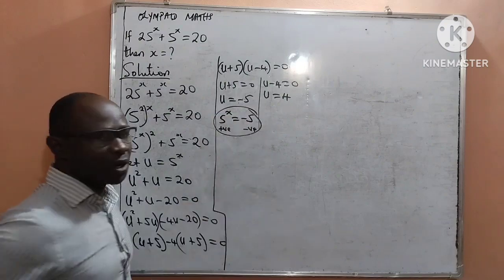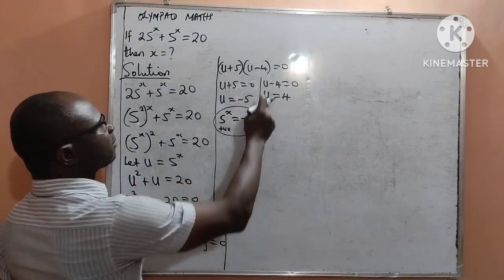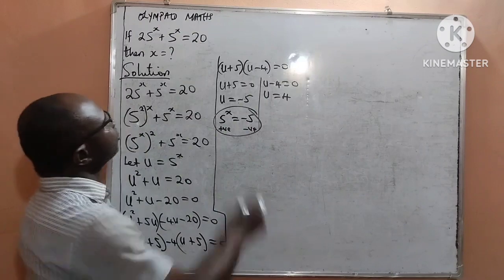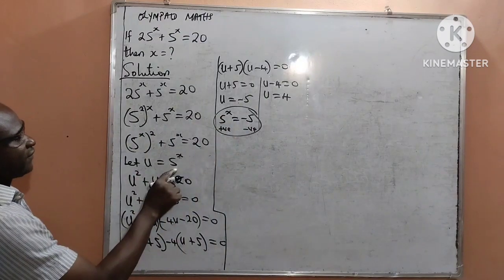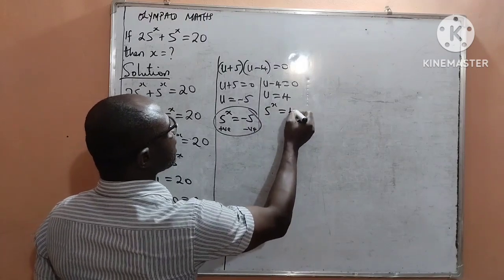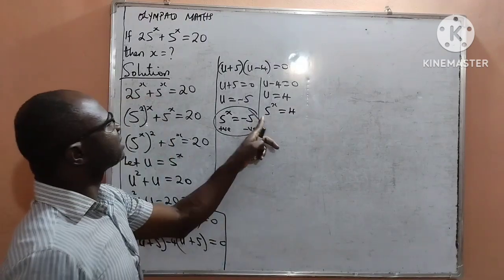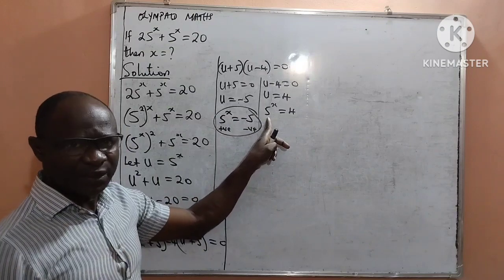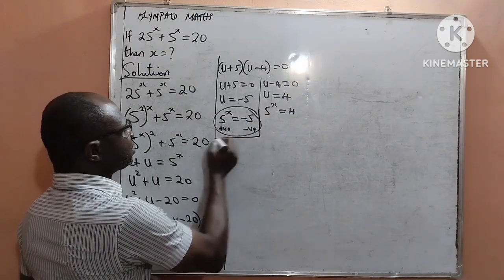Therefore, it cannot work. Let's come to this place. Replacing the value of u with 5 raised to the power x, it will now be 5 raised to the power x is equal to 4. So both sides of the equation are positive. We can move on with this.